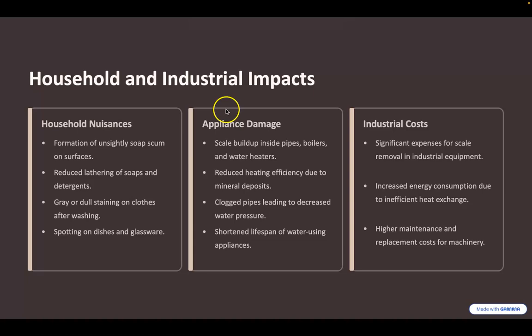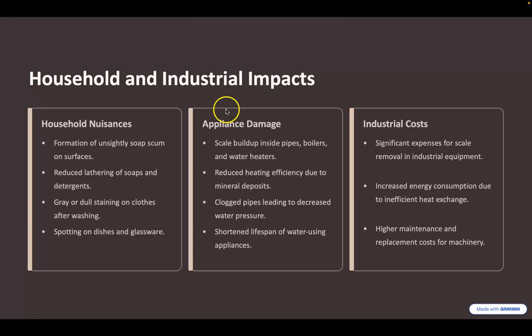So if these are used regularly, what will be the damage caused on the appliances? Scale buildup inside the pipes, boilers and water heaters will happen. Heating efficiency is reduced due to the mineral deposit, and sometimes the pipelines can also be clogged, and then the lifespan of these appliances will be reduced also.